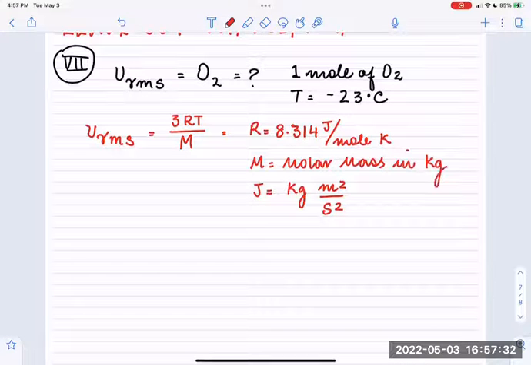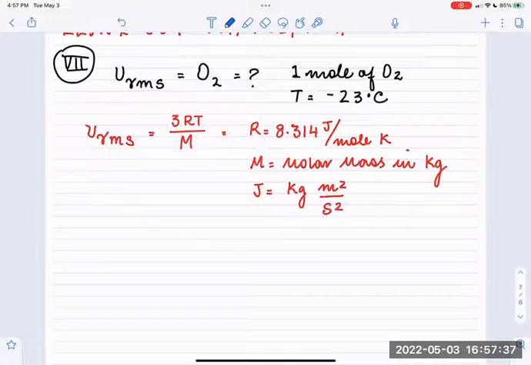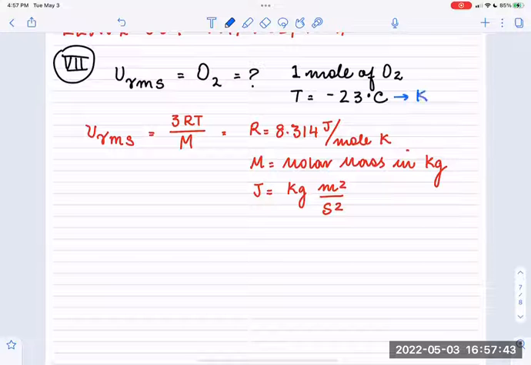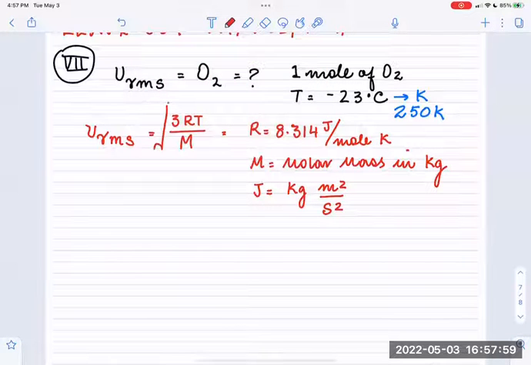So here we are looking at oxygen gas. It's always important to get the identity of the gas. The temperature given is negative, so convert that to Kelvin. So 273 minus 23, and that's 250 K. Okay, and sorry, this would be under root.